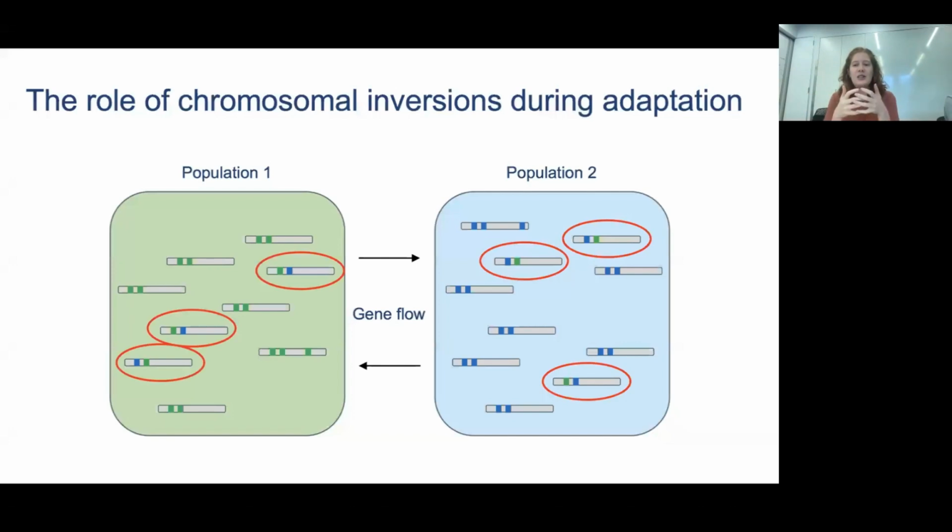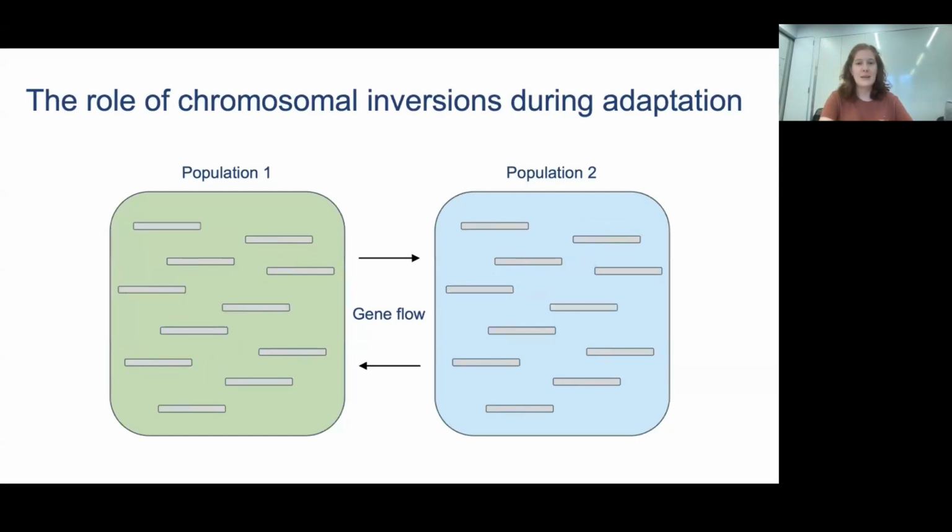So how does divergence in the face of gene flow occur despite this genetic homogenization? Theory predicts that divergence can proceed in the presence of gene flow if there's a reduction in recombination. And we predict that this reduction in recombination is going to be selected for to surround only these locally adaptive alleles. If we remember earlier in the talk, one way which recombination can be suppressed is with a chromosomal inversion.